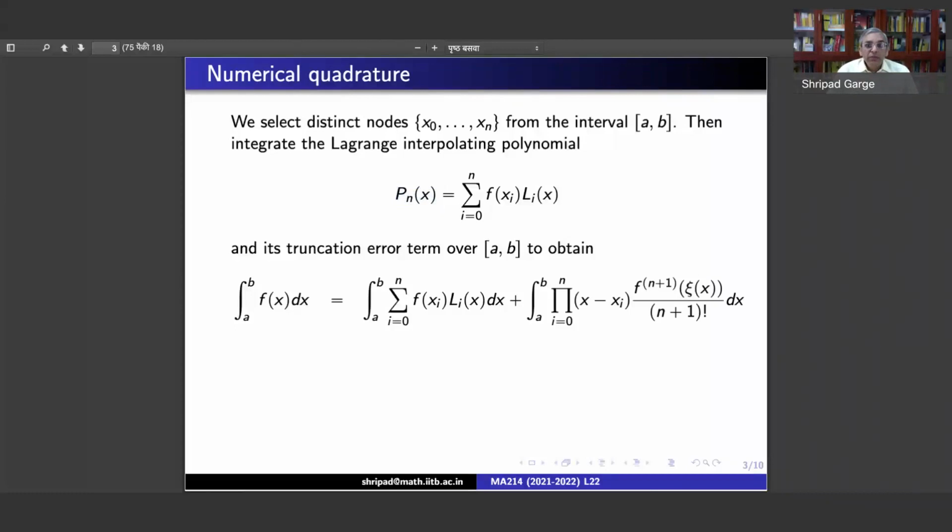This is what we do. And the first part gives us summation ai f(xi), because f(xi) is going to be constant as far as that ith term.